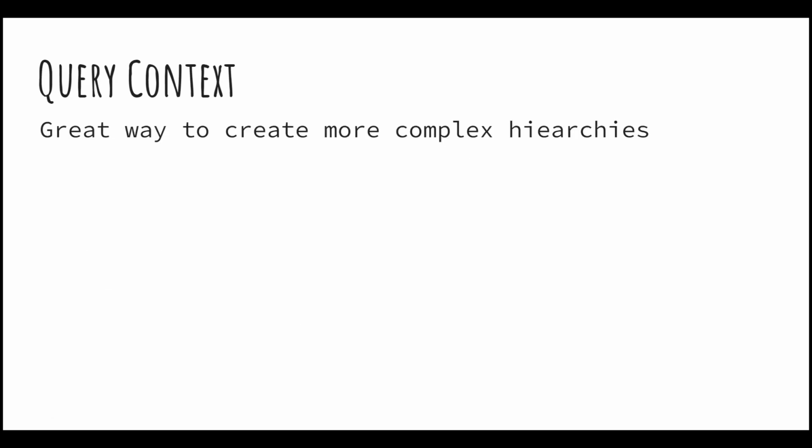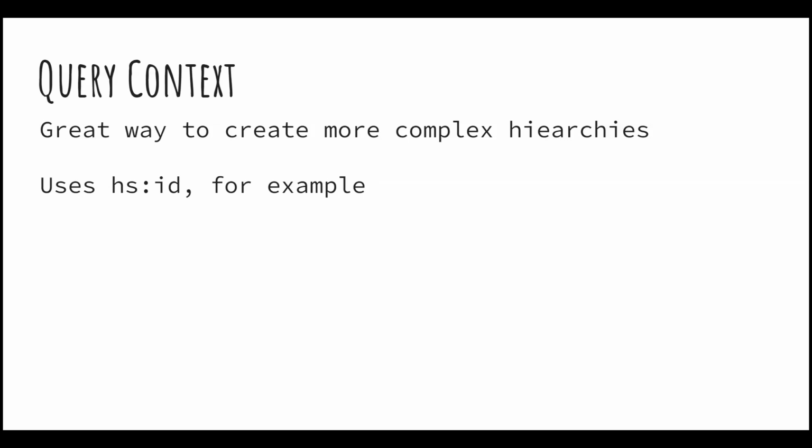Now, finally, let's talk about query context a little bit. So query context can create more complex hierarchies. And effectively, what this does is that it creates a various level of definition. So it's possible to create one or more complex hierarchies that places items within, I'll say, a folder for higher level definitions.